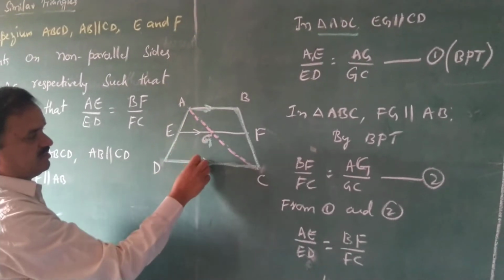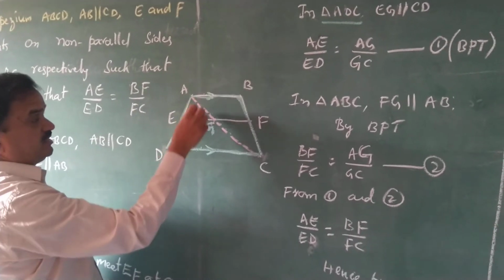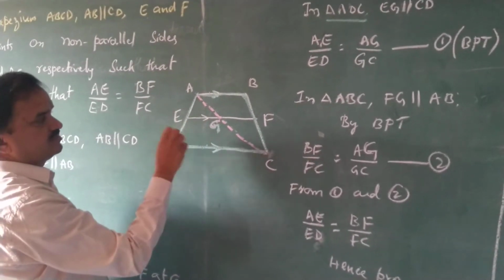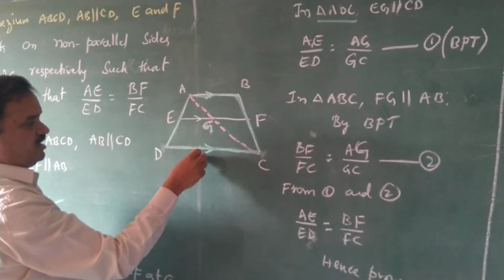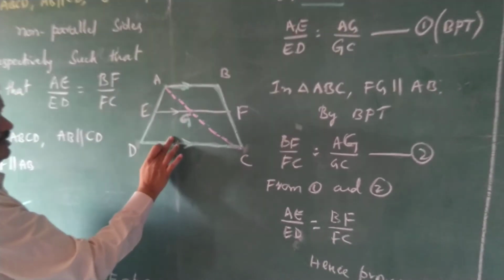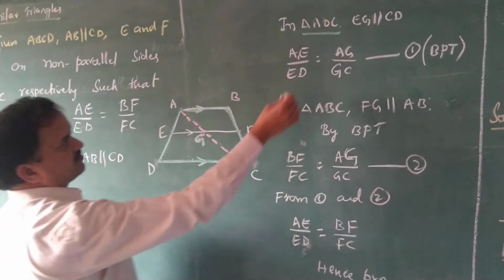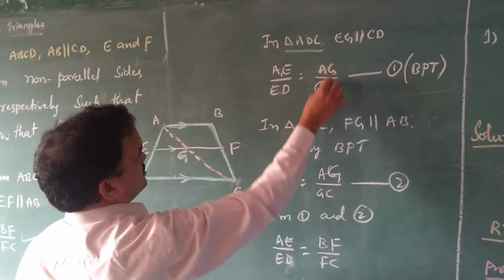Why? Because it is a trapezium, AB is parallel to CD, and EF is parallel to AB, so EF is parallel to CD. So EG is parallel to CD. So from BPT, AE by ED is equal to AG by GC.